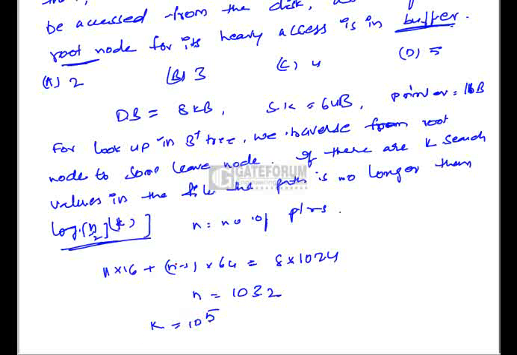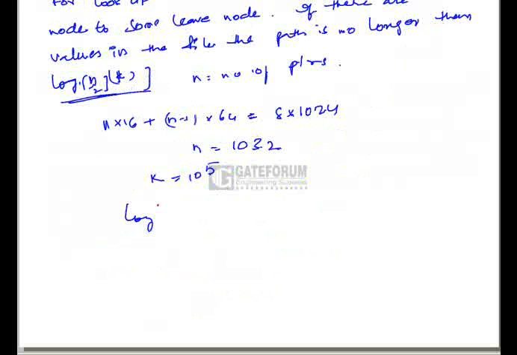So the maximum path would be the ceiling of log to the base 103.2 by 2 of k, where k is 10 power 5.